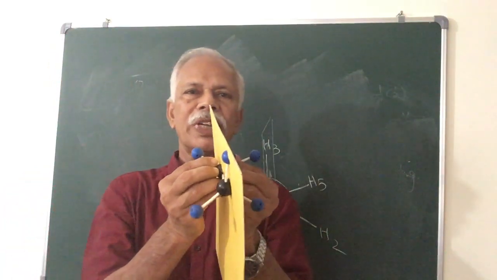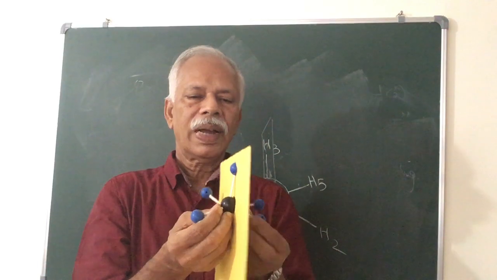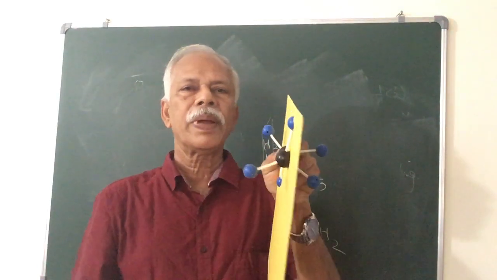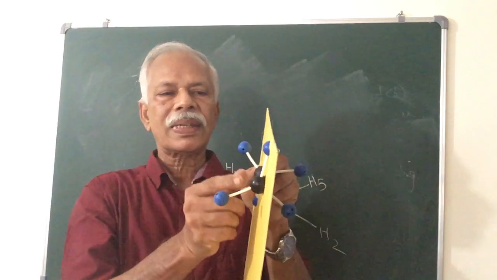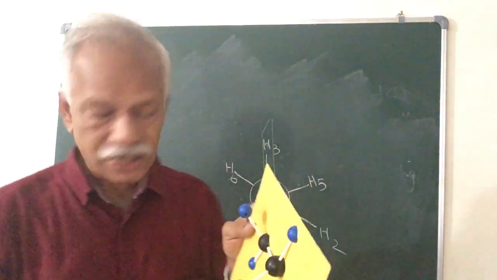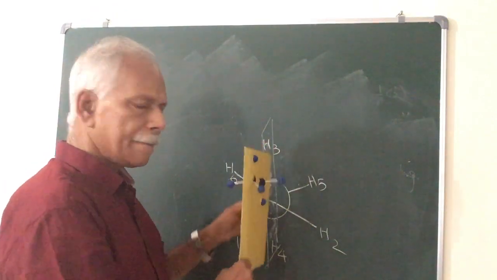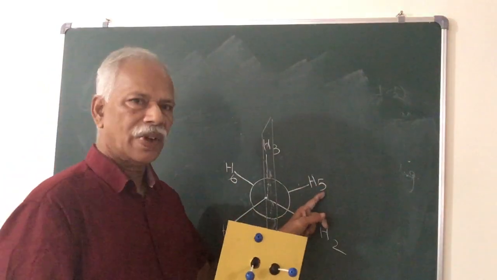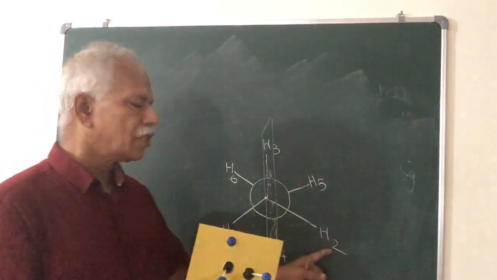These two are projected to either side and these also. So this is the plane I am implying. The plane contains carbon atoms and a pair of hydrogen atoms, and such a plane is denoted here. Outside the plane we have H6 and H5 and H1 and H2.